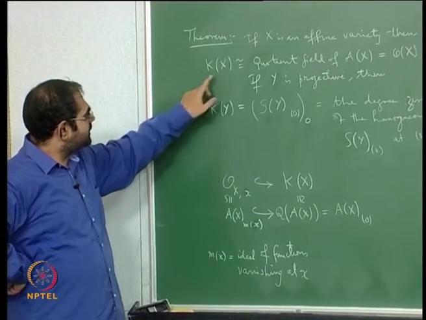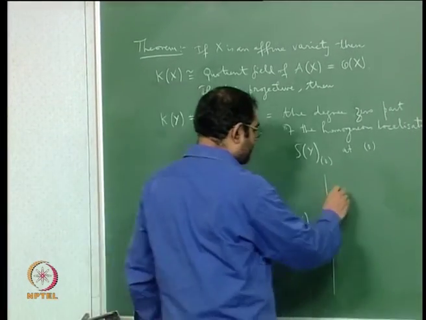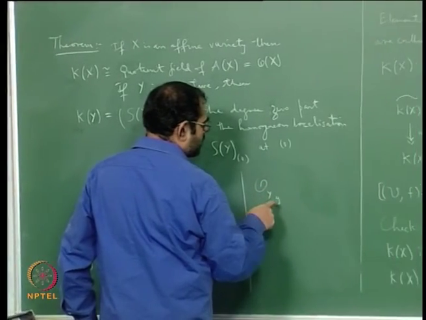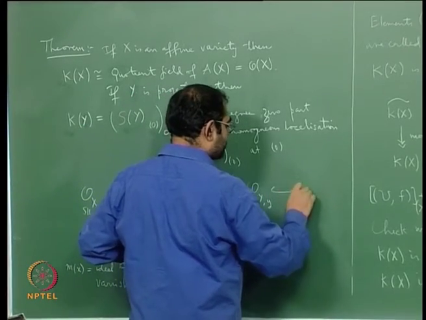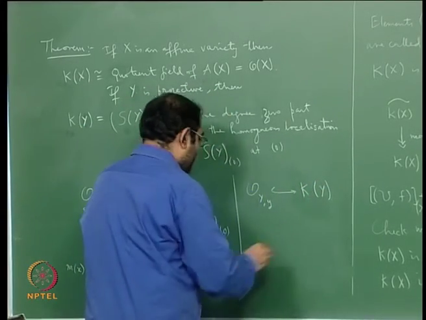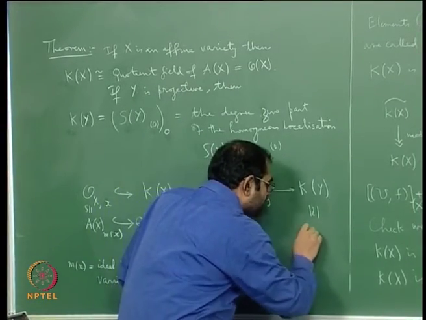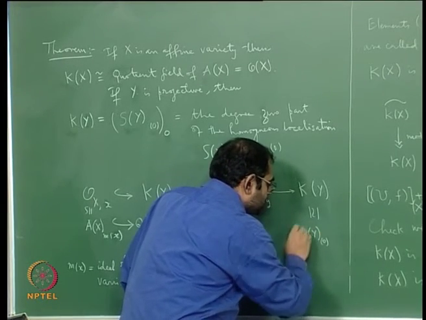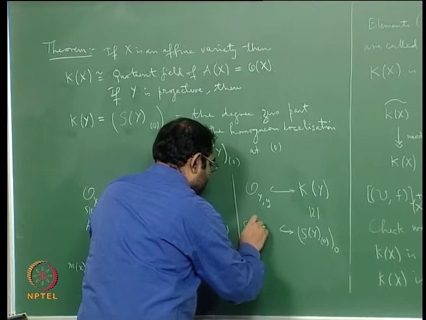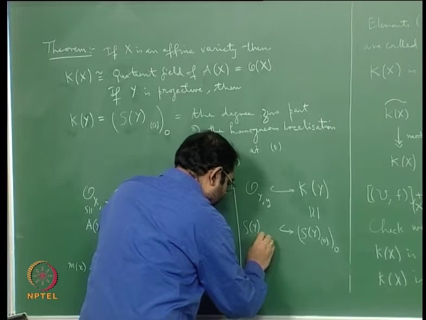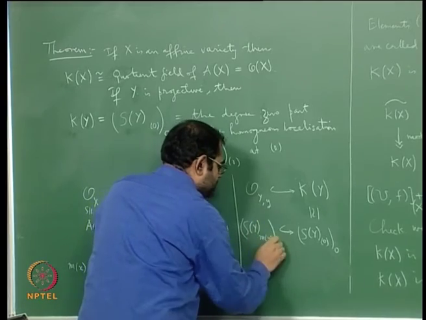So this is the picture you get for the affine case, and you will get a similar picture for the projective case. If you take Oy,y, small y a point of capital Y, where capital Y is a projective variety, this is going to sit inside Ky, and the function field Ky will be just Sy localized at the prime 0, degree 0 part, and this will contain Sy localized at My, degree 0 part.